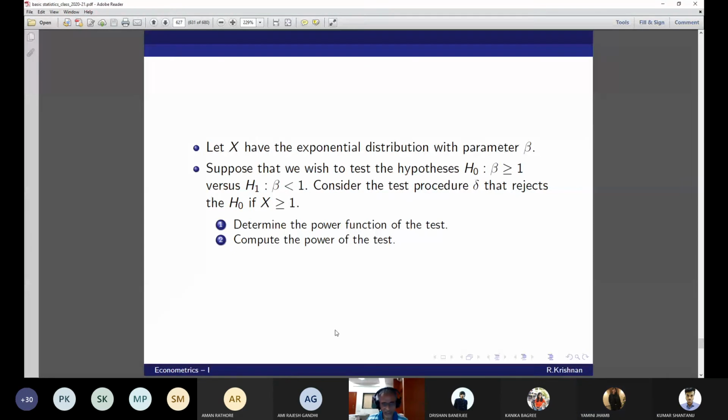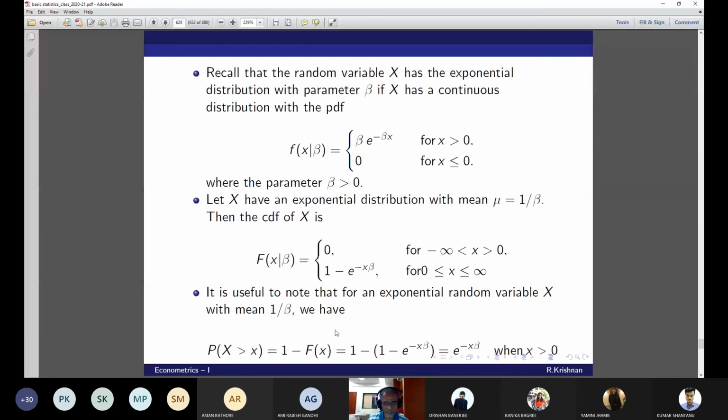Yes, sir. Should I show you something about the elementary result about exponential distribution? This is it.